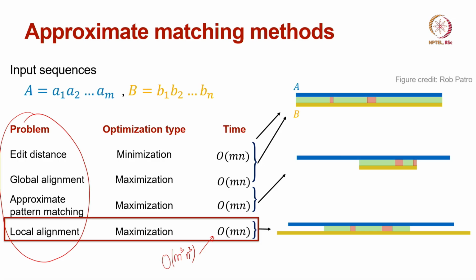For example, in local alignment we were looking at substrings of both strings, but in the end we were able to solve all the problems in order mn time, because of the clever recursion structure that we can see in all these problems. So, the key result is that all these problem variants can be solved in order mn time, starting from edit distance, global alignment, approximate pattern matching, as well as local alignment.